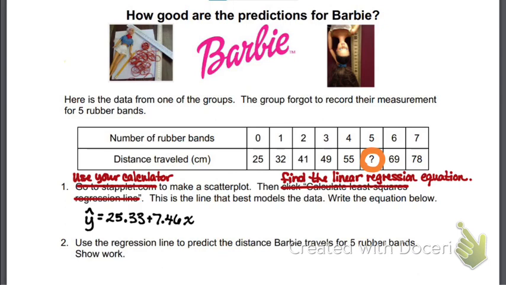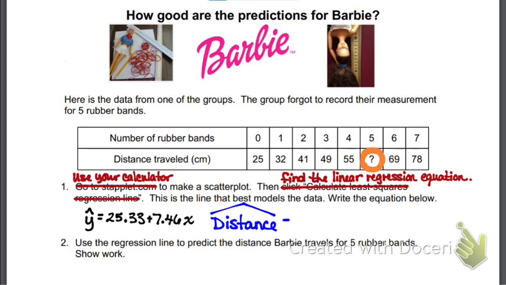We always want to be including context. What is our y variable representing here? Distance traveled. So I would write my regression equation as distance hat. It almost looks like a roof over the top of this.